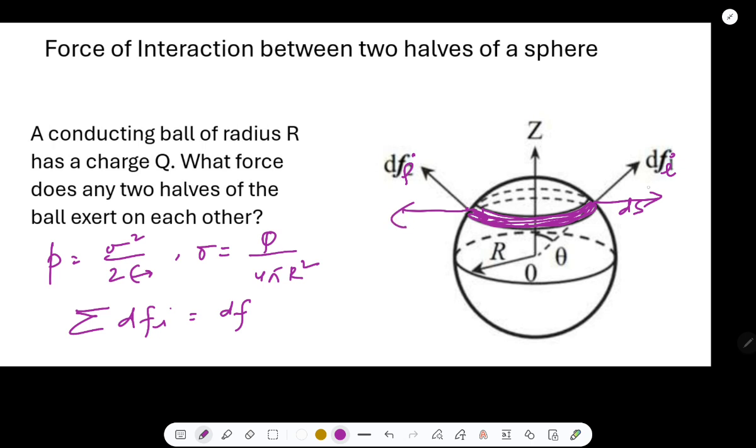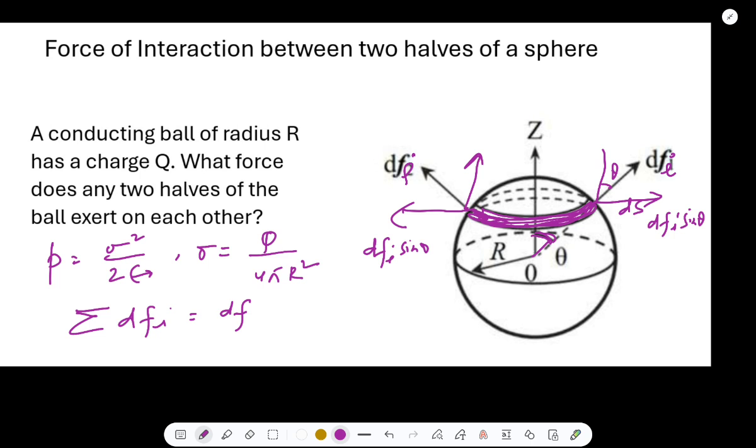The component of this dfi will be dfi sine theta, because this angle is theta. You can see here in the picture, this angle I have taken as theta. So this dfi sine theta gets cancelled out for symmetrical points, and only dfi cos theta components are getting added, so that we will get the net force along the z axis, that is perpendicular to the plane of this ring.